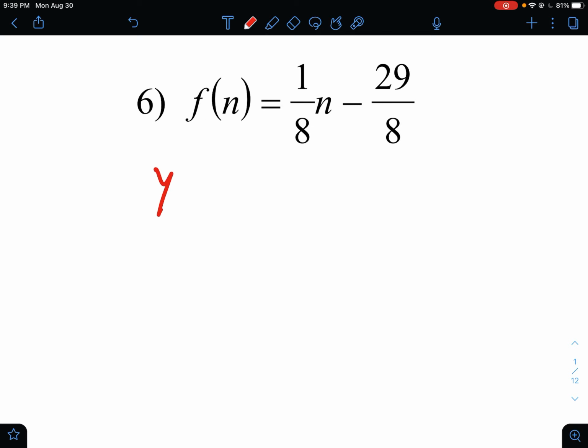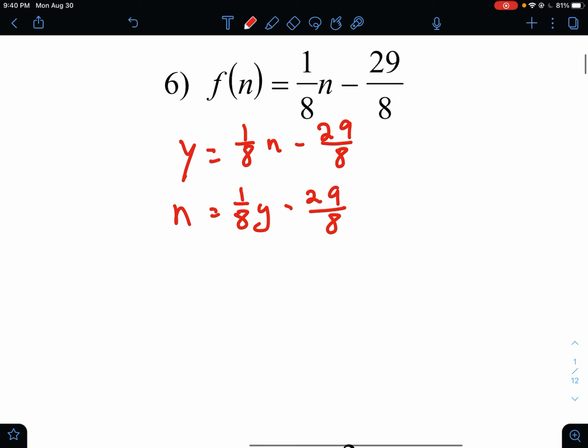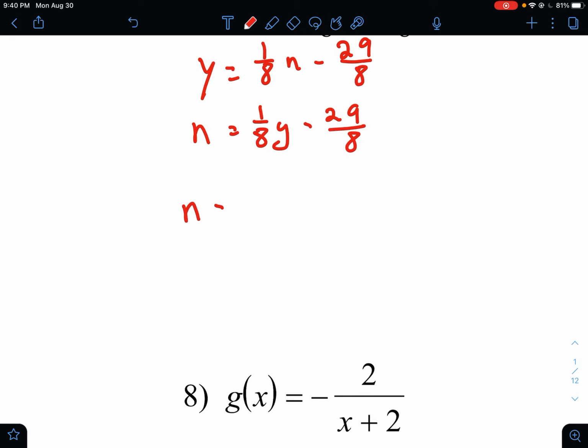All right, next one. y equals 1/8 n minus 29 over 8. So we can switch our n and our y. Same thing as x and y. We're still solving for y here. Let's see. So I'm going to be honest, how I want to write this, just for simplicity's sake, they've got the same denominator.